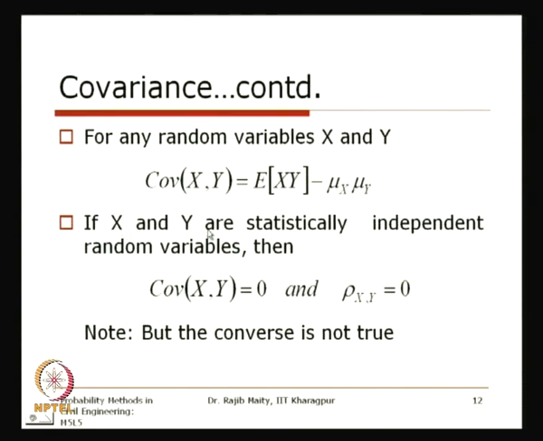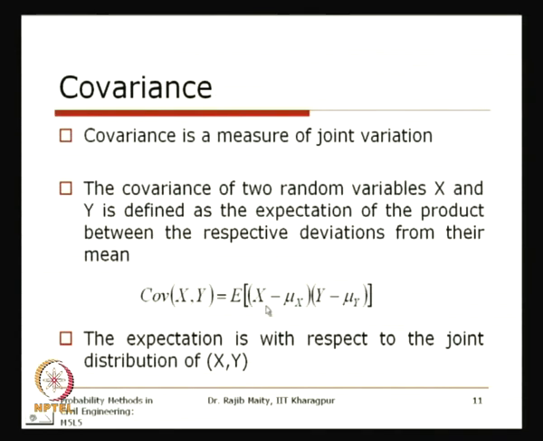If x and y are statistically independent random variables, then this covariance is equal to 0, and this rho xy, the correlation coefficient, we will come to in a minute, can also be shown to be 0. Before that, if they are statistically independent, we have just seen that the expectation of xy is equal to expectation of x multiplied by expectation of y.